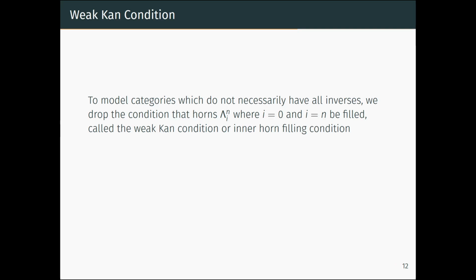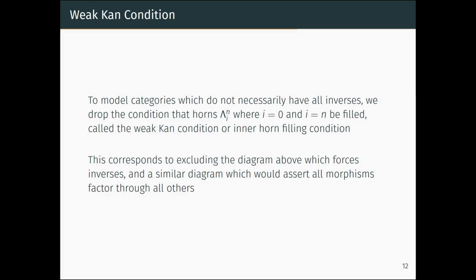So a big thing is we're going to want to model categories which have morphisms that don't have inverses. And so in order to do this, we actually really just need to drop this condition that these horns where i equals 0 or i equals n be filled. And this is going to be called the weak Kan condition or the inner horn filling condition. I believe Lurie mostly takes weak Kan condition, and I had to swap everything in the slides. But so this really just corresponds to excluding the diagram we saw earlier, which forces inverses.